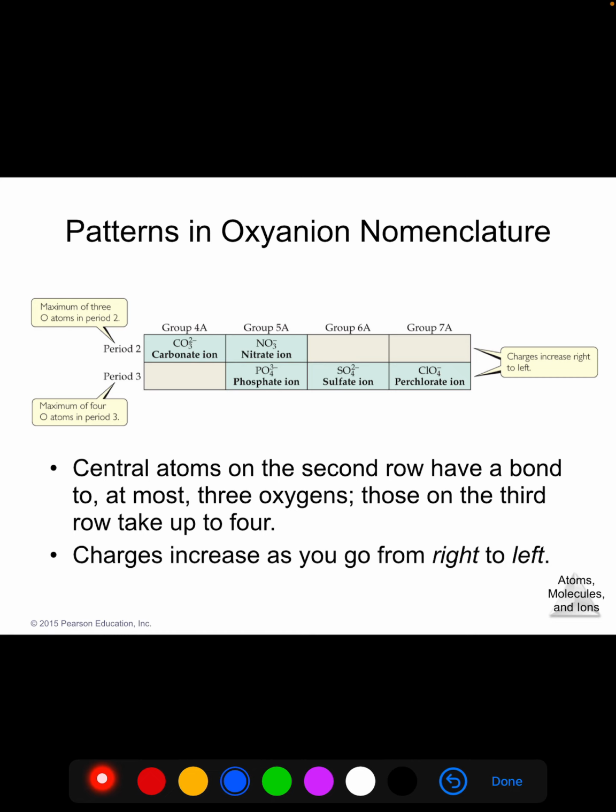I don't want to cover too many of them, but as you go through the groups, forming these oxyanions with group 4 carbonates, group 5 nitrates and phosphates, group 6 sulfates, and group 7 chlorates, among other things, bromates and the like, you can kind of tell the difference between how many oxygens you'll have and how it changes.